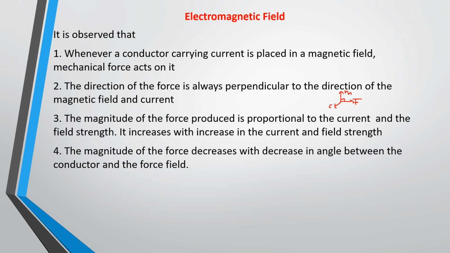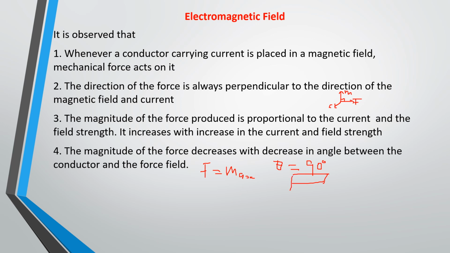So take note that F is maximum when theta is equal to 90 degrees. Please, you have to take note of this. These are simple examination questions, objective questions that you might come across.